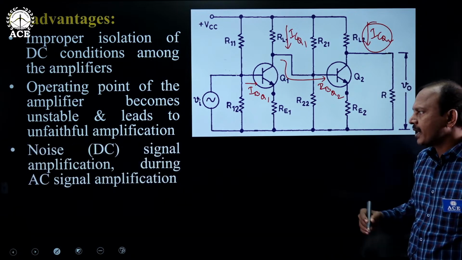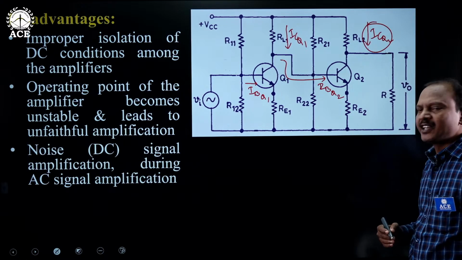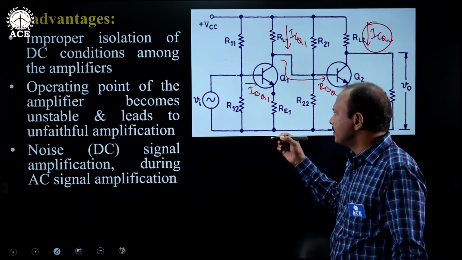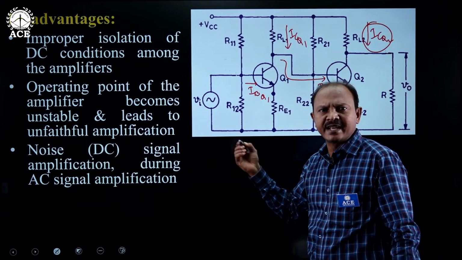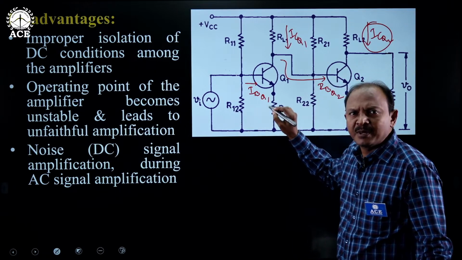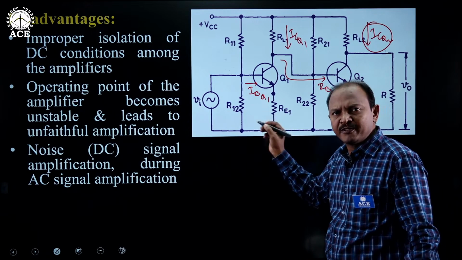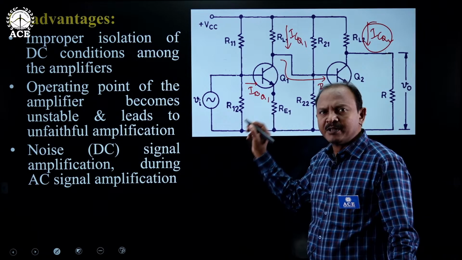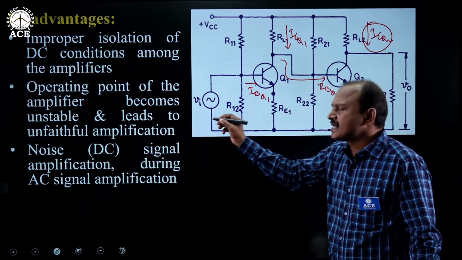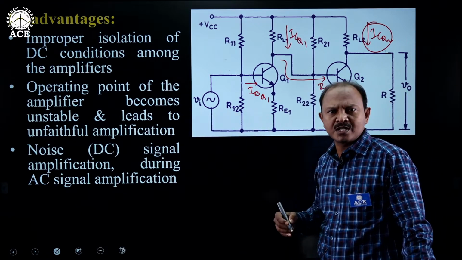Third one, noise or DC signal amplification during AC signal amplification. This is another basic problem we notice in these direct coupled amplifiers. For example, assume that this amplifier is used for AC signal amplification instead of DC amplification. We know AC signals are arriving from natural sources.